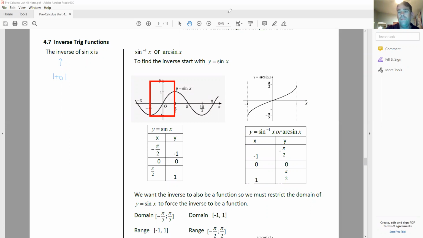We get as many values as possible, and it includes 0. So that's what they were looking at. How do we have to make this pass the horizontal line test? It already passed the vertical line test, so they needed it to pass both vertical and horizontal line tests.